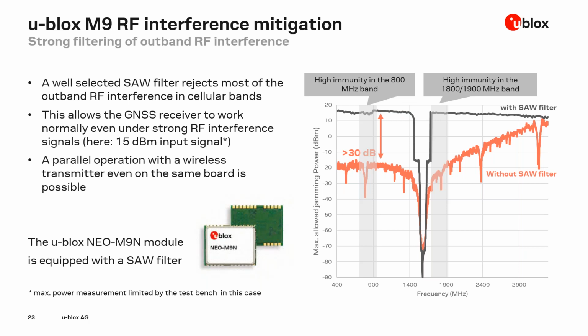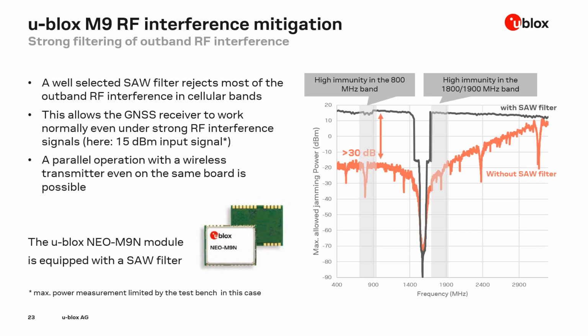But you see there is the black line there. This is the maximum power level we applied, and it was a little bit limited by the test bench we used. This is why you see only about 15 dBm power level. But this is already quite a reasonable power level, for example, if you talk about cellular transmitters nearby. Then I want to highlight the gray shaded areas there.